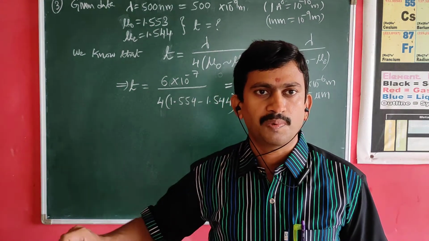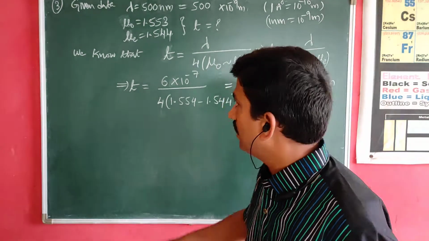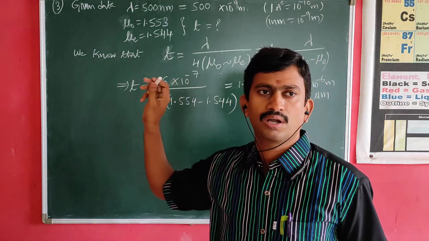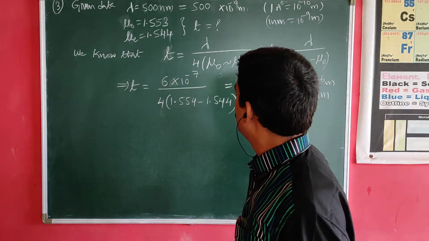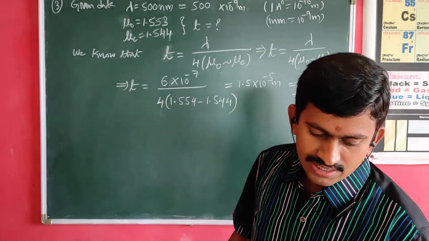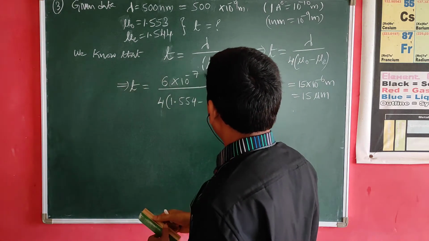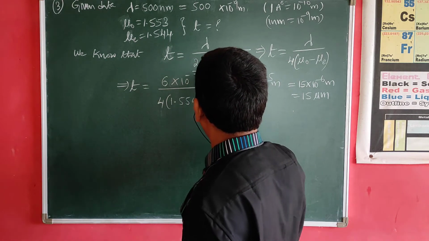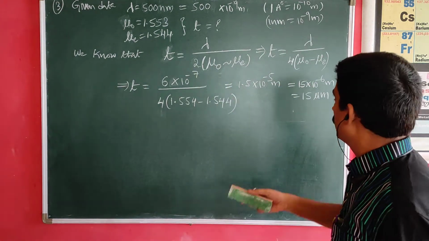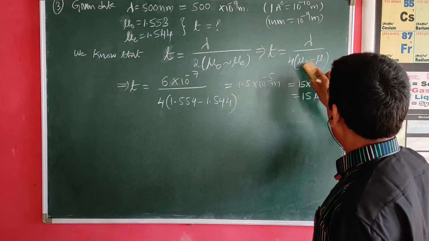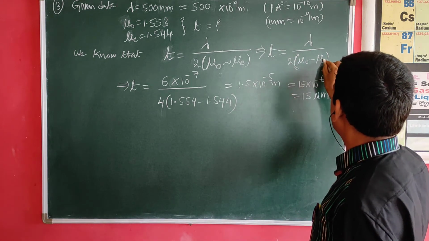So in this third problem, we need to find out the thickness of the half wave plate, quartz plate. So the formula is, for the half wave plate, thickness T is equal to lambda by 2 into mu O difference mu E. Here mu O is greater, hence lambda by 2 into mu O minus mu E.